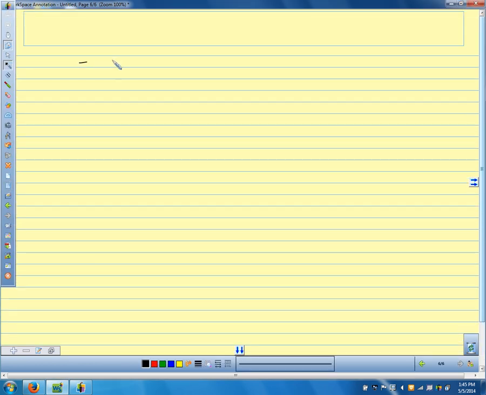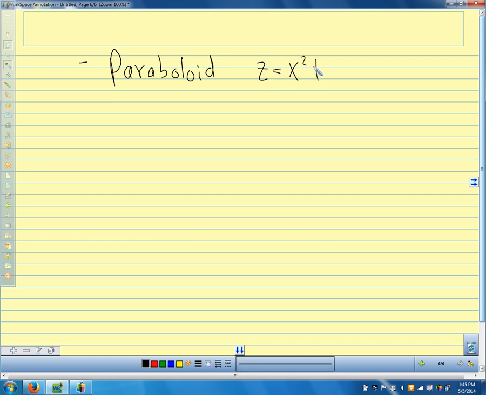We talk a lot about surfaces called paraboloids. And the equation of a paraboloid, if we have our center at the origin, is z equals x squared plus y squared. So when y equals 0 in the xz plane, we have z equals x squared, a parabola. When x equals 0 in the yz plane, we have z equals y squared, a parabola.